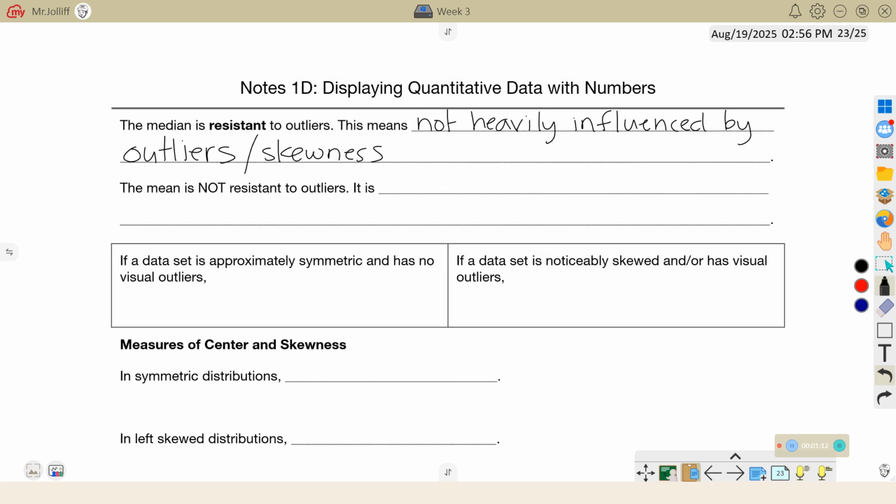We're going to go back to some examples from yesterday and take a look at what this looks like in a minute. But the median is resistant. The mean, on the other hand, is not resistant. The mean is heavily influenced by outliers.